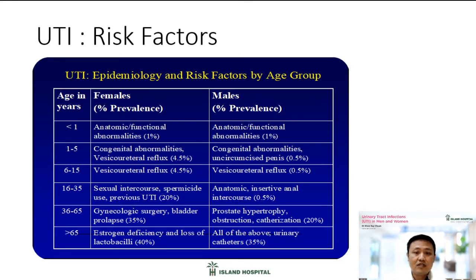But in children, we have to be careful because most of the time we need to consider congenital problems or functional abnormalities. In postmenopausal women, we need to look at the conditions that affect them after menopause. One common condition is estrogen deficiency.